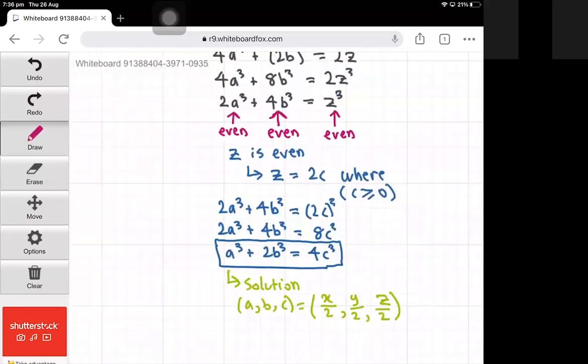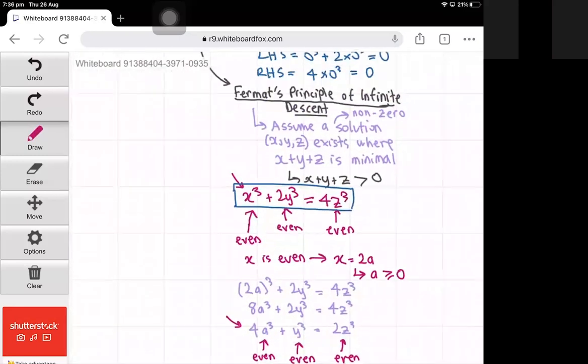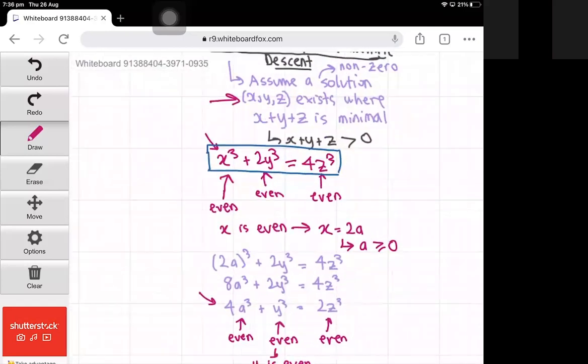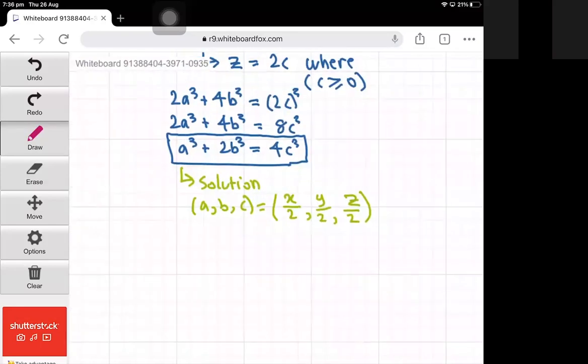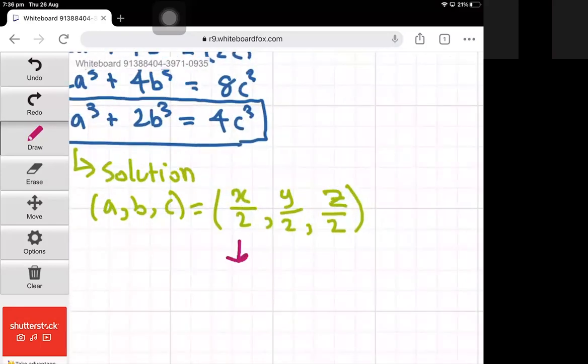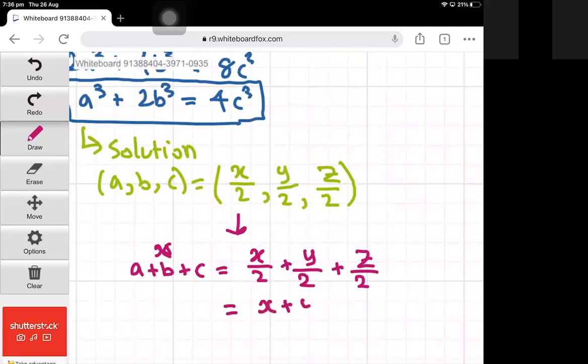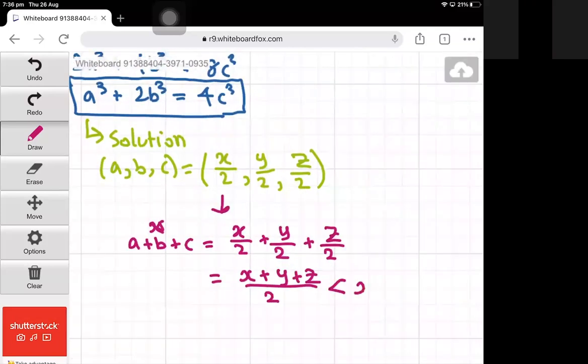Now remember the minimal solution. x, y, z was the minimal non-zero solution we assumed. However, for this new solution, if we add up a plus b plus c, we have x over 2 plus y over 2 plus z over 2, which is equal to x plus y plus z over 2. And this is in fact less than the sum of x plus y plus z.